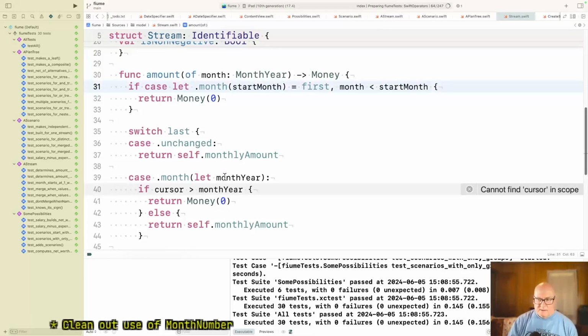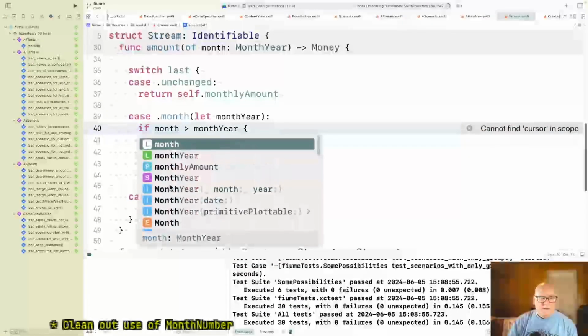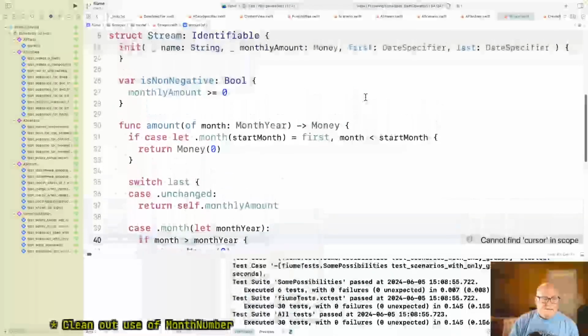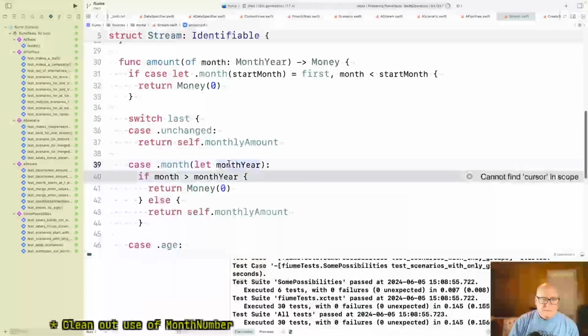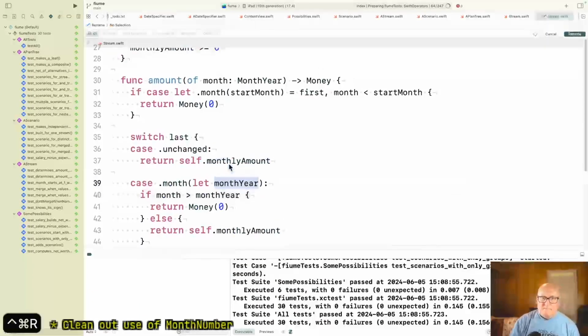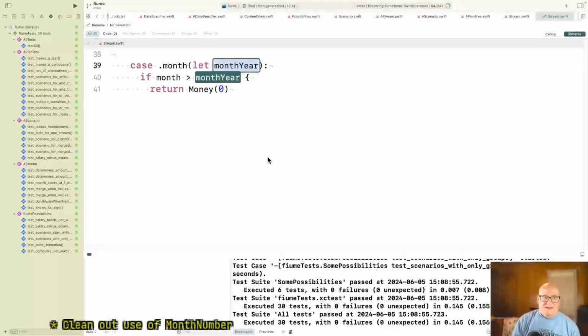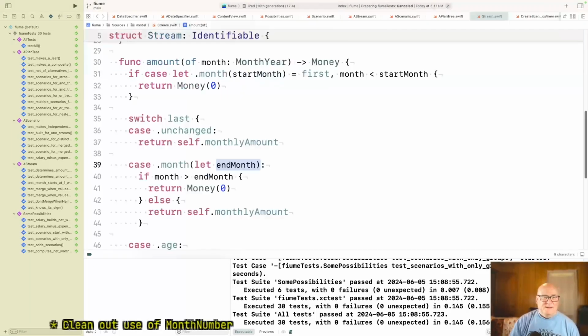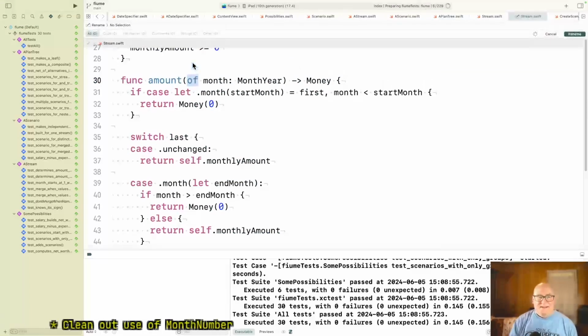And this month year is different, but cursor goes to month. Okay. There. Month. Now you're slow again. Ugh.